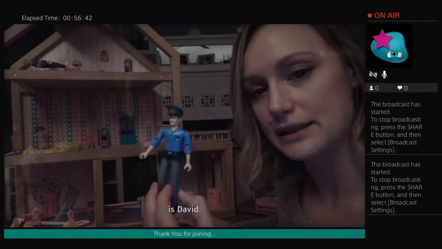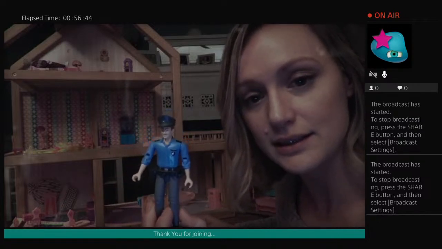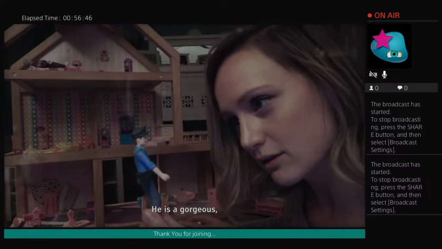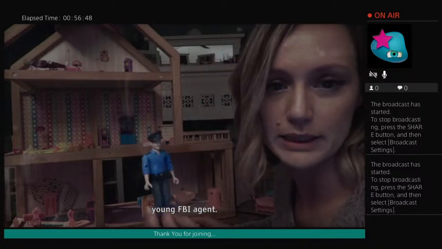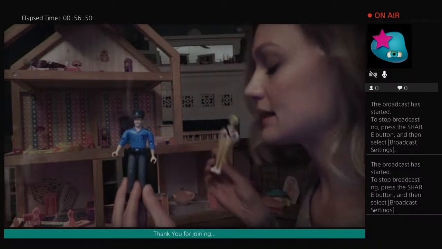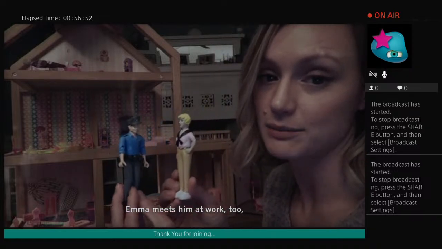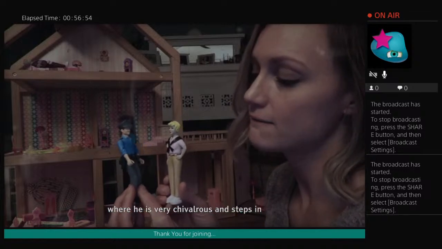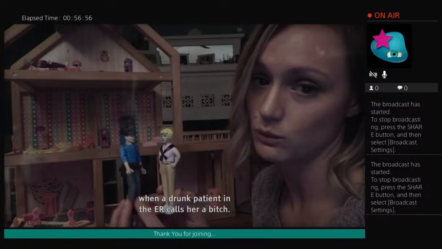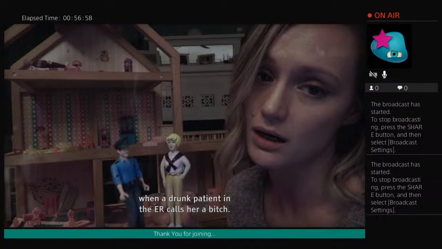This is David. He is a gorgeous young FBI agent. Emma meets him at work too, where he is very chivalrous and steps in when a drunk patient in the ER calls her a bitch.